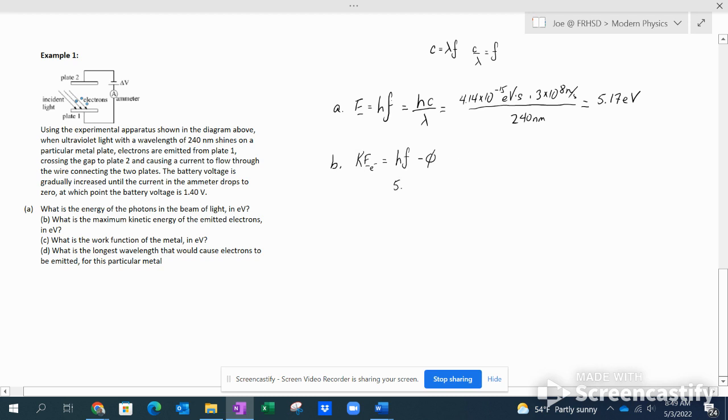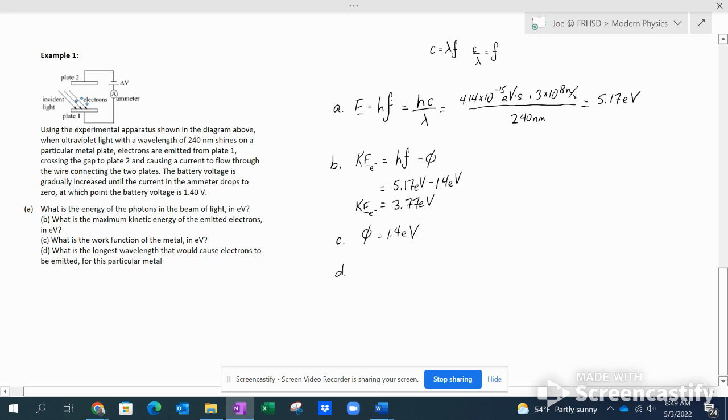So this is going to be 5.17 electron volts minus 1.4 electron volts, which gives us an answer of 3.77 electron volts. So that is the maximum kinetic energy those electrons can have after being accelerated off the plate. The work function here was given in the problem, 1.4 electron volts.